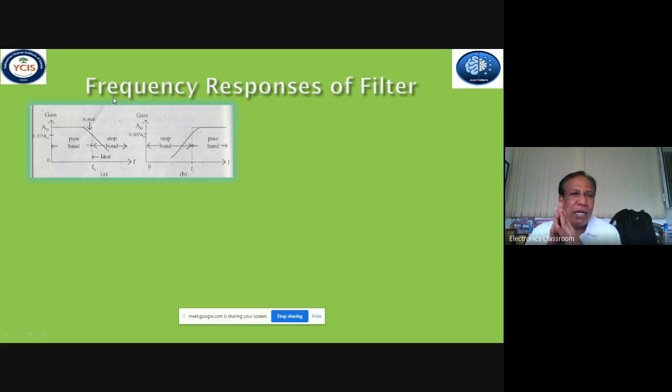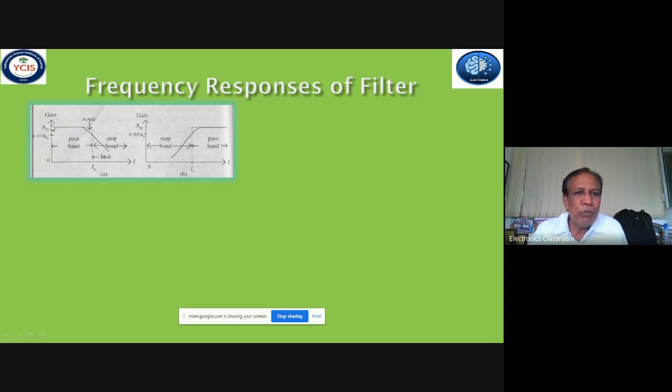The pass band as well as the stop band may occur in the low pass filter, high pass filter, band pass filter, and band stop filter, and some filters have one pass band and one stop band, two pass bands and one stop band, or two stop bands, whatever it may be. That's why we are going to understand the concept of the pass band and the stop band, and see how many pass bands and stop bands there are in each type of filter.